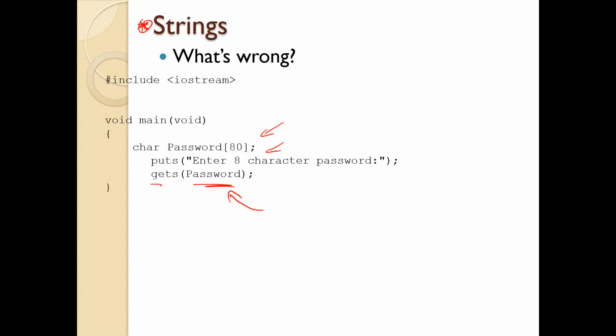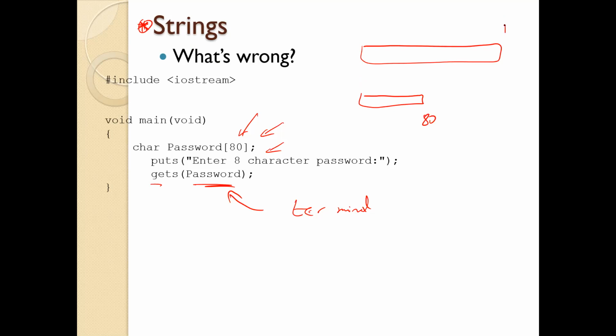Obviously it's going to get assigned to this one, but what you're reading from the terminal or the user-supplied input could be much larger than 80. And if it's much larger than 80, you end up with the same problem, where this is 80, this is 180, and so you're going to have a problem with that area there. It's the same kind of problem that we've been doing all semester.